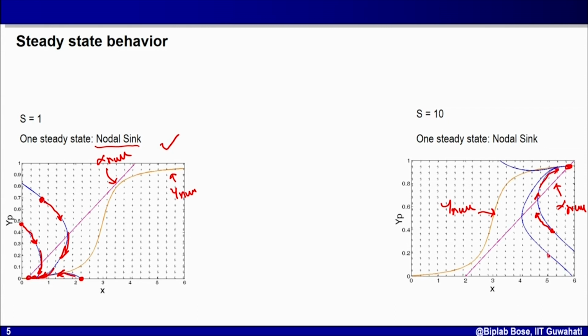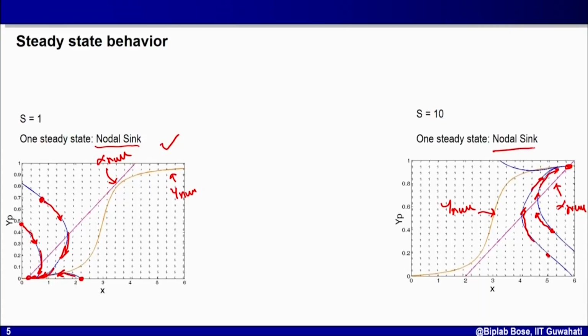If I start somewhere here, again I will collapse on the single steady state. So again I have only one steady state, and that steady state is a nodal sink. So it is a stable one. Nodal sink, if you remember, is a stable one.